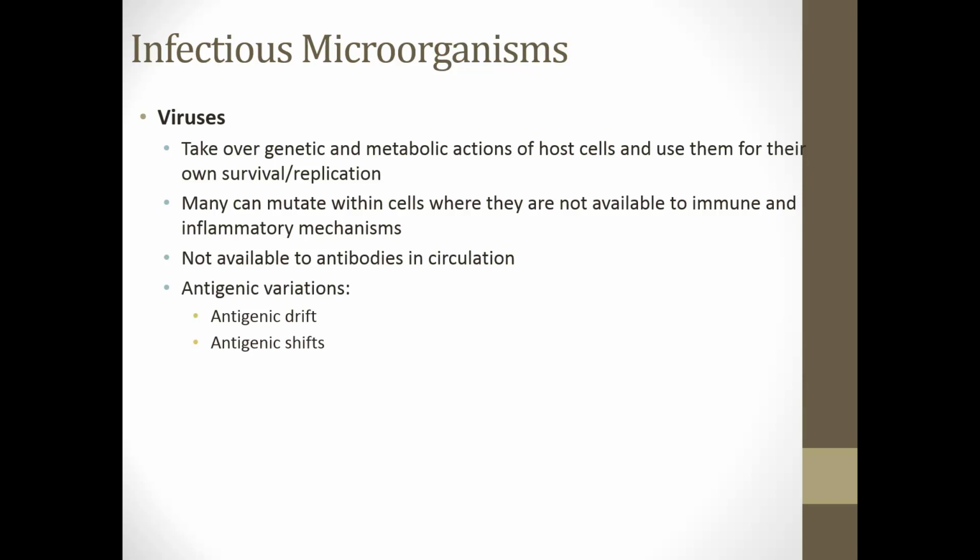So they can do all this proliferation and mutation within our cells. And when they're hiding in our cells, they're really not available to the immune mechanisms and all the inflammatory mechanisms that we talked about last week. So that's what makes them so tricky, because they hide within our own cells and evade our mechanisms to counteract them.